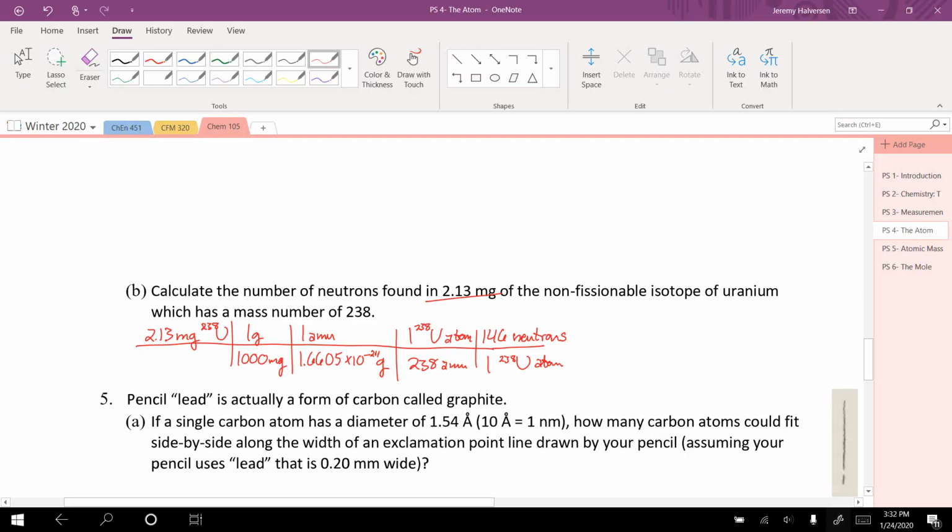So I plug it in my calculator, and with 3 significant figures, I get an answer of 7.87 times 10 to the 20. Perfect.